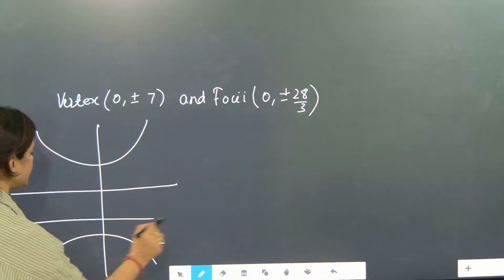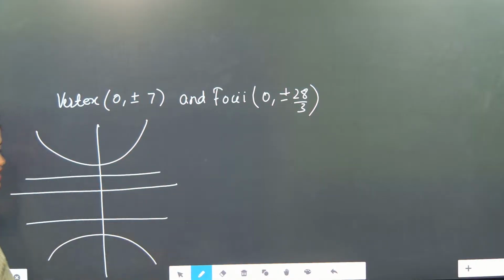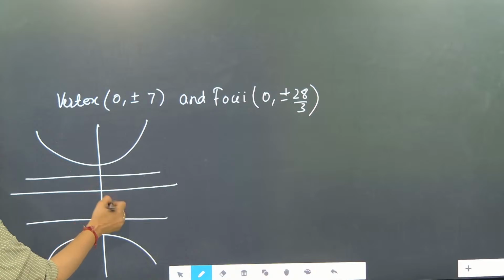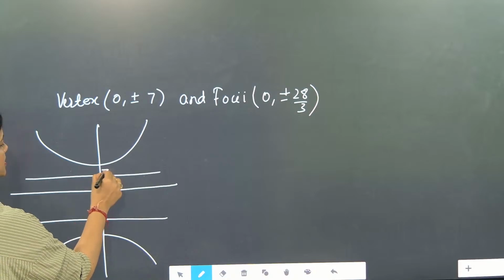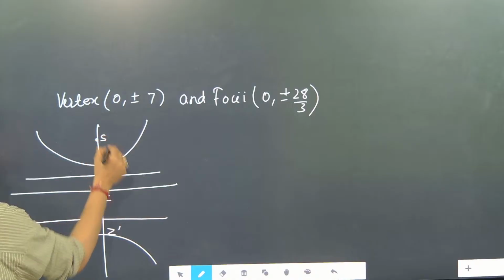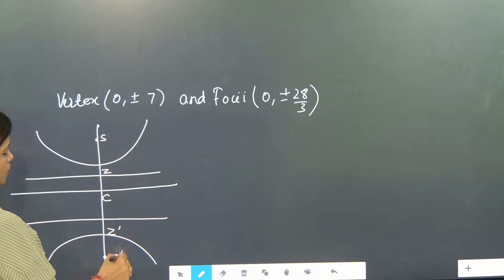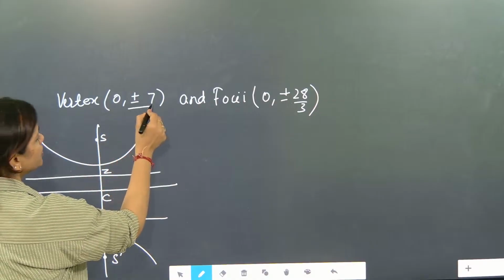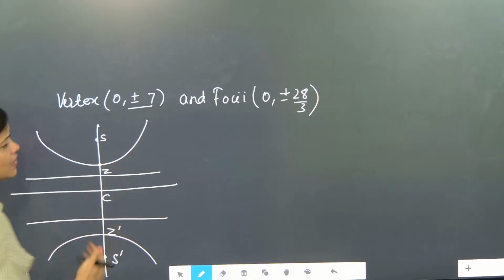So this is the hyperbola on the y-axis. C is the center, here it is Z and this is Z dash, and here this part is focus S and this part is focus S dash. Understood? So now the vertex point: here the vertex will not be A, the vertex will become B.